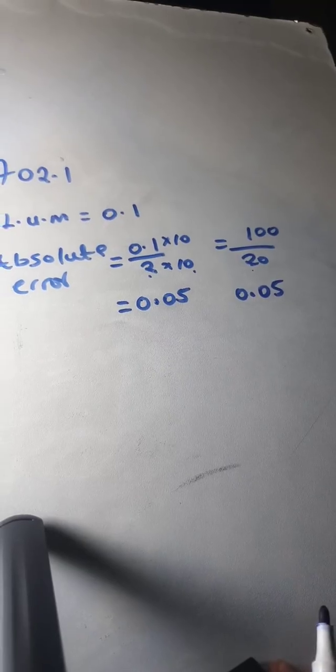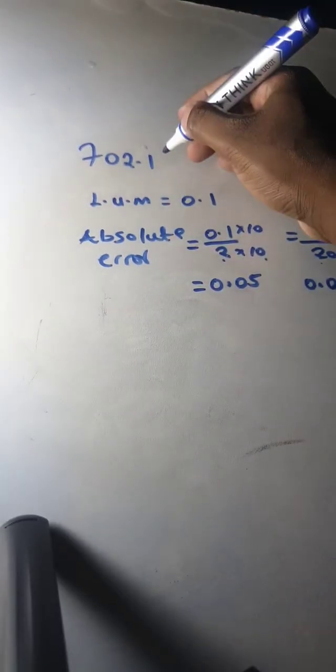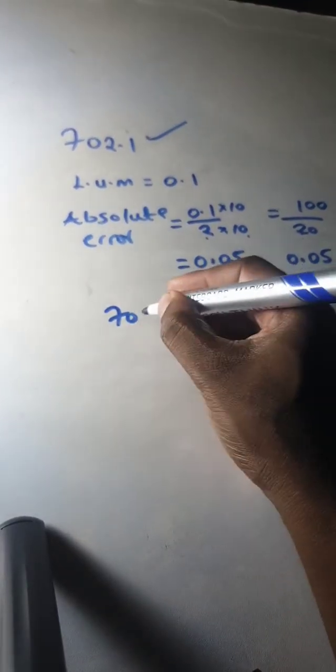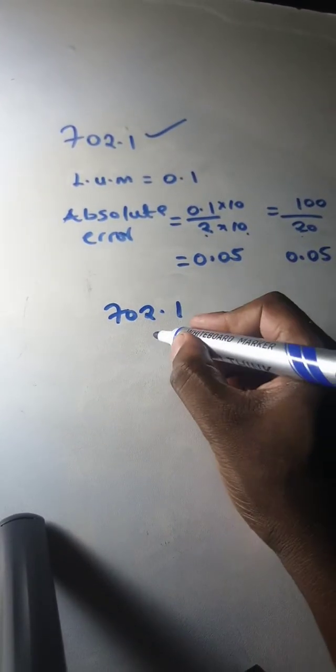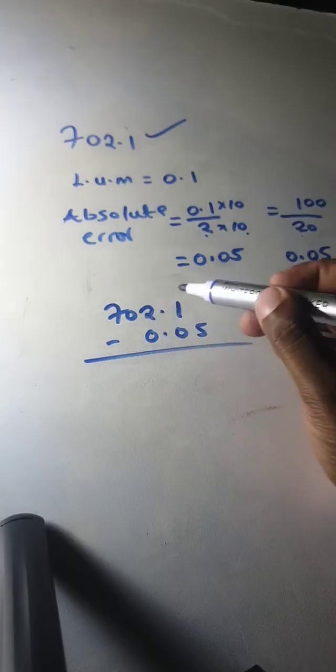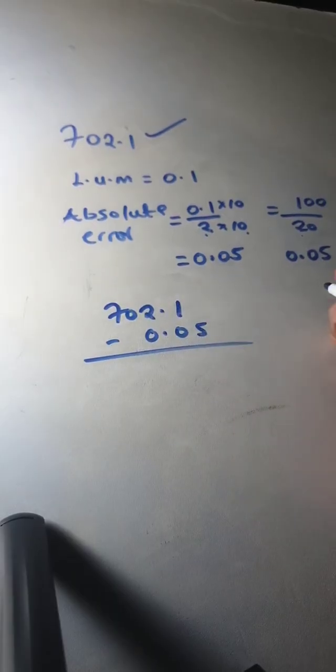Now, we are being asked to find the lower limit. So for us to find the lower limit, we'll get the actual mass and then subtract the absolute error. So we have 702.1 minus 0.05. It's the mass minus the absolute error.